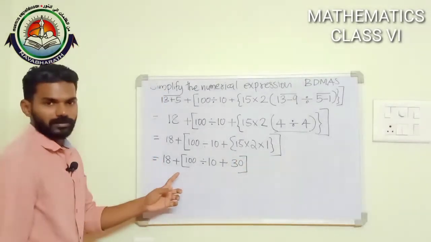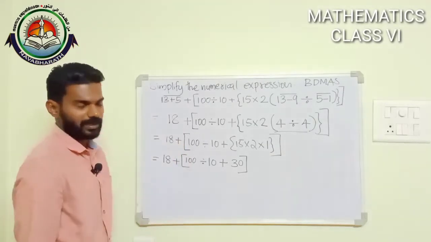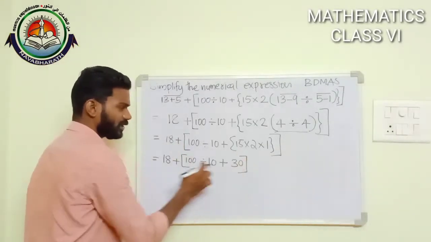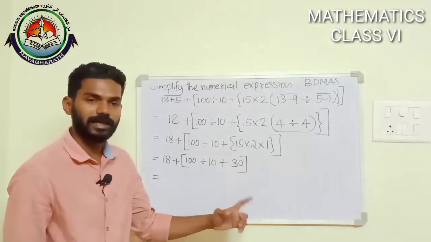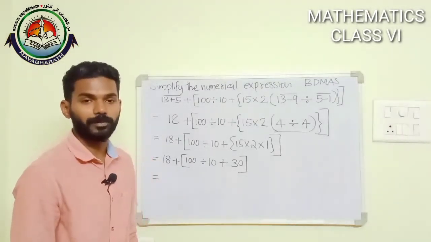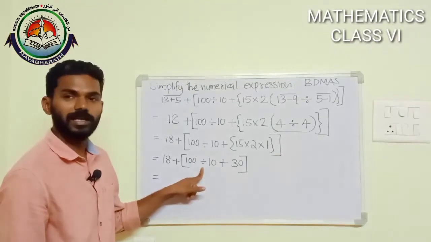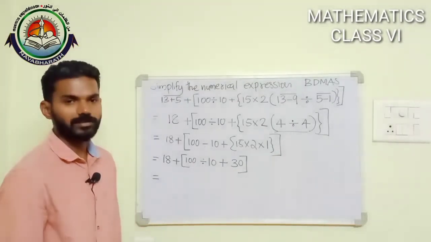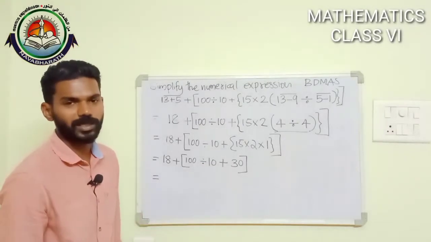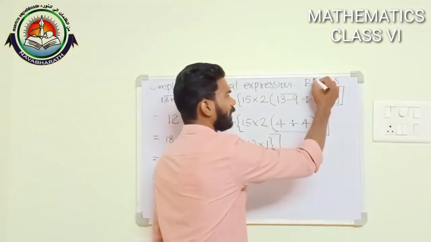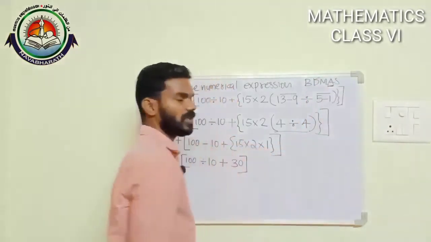Now only one bracket is here, this large bracket. And you can see that in this large bracket there are different types of operations. There is division and there is addition. If there is division and addition, which one needs to be done first? Division, then only addition. Clear?